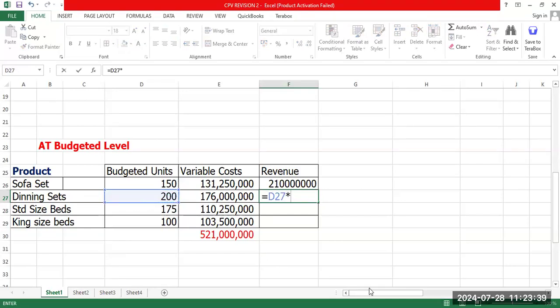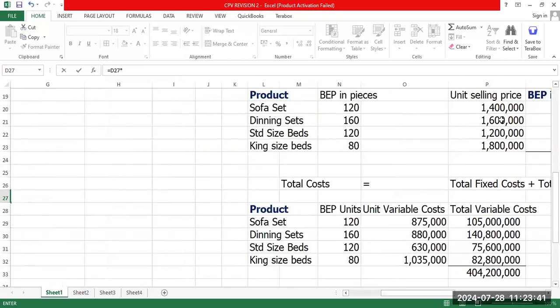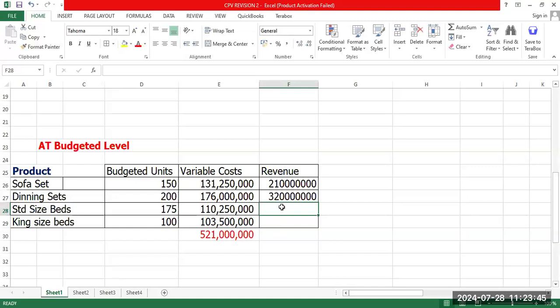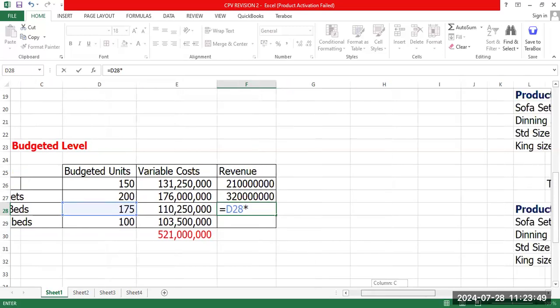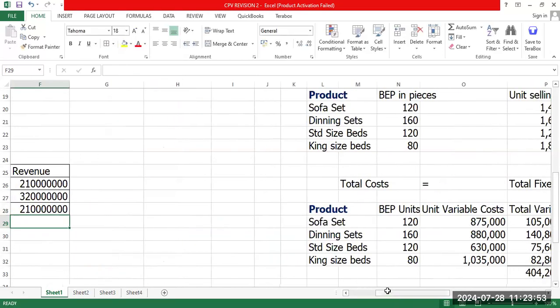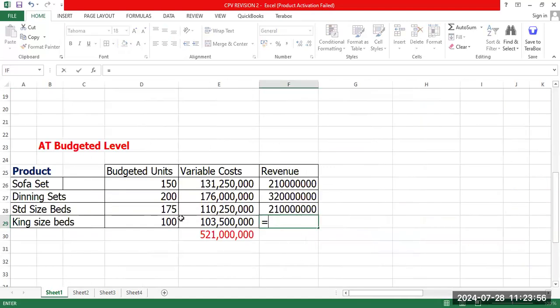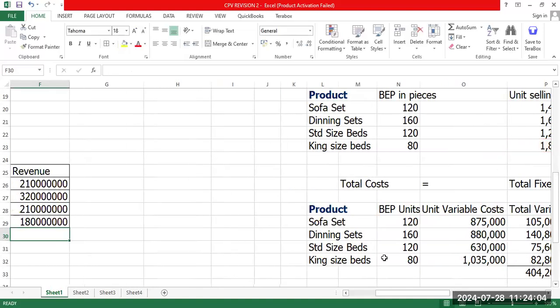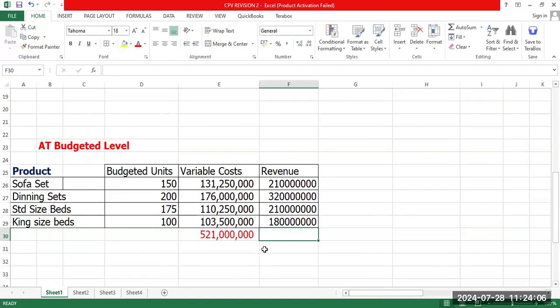Then this times unit selling price, then this times unit selling price, and we are done.